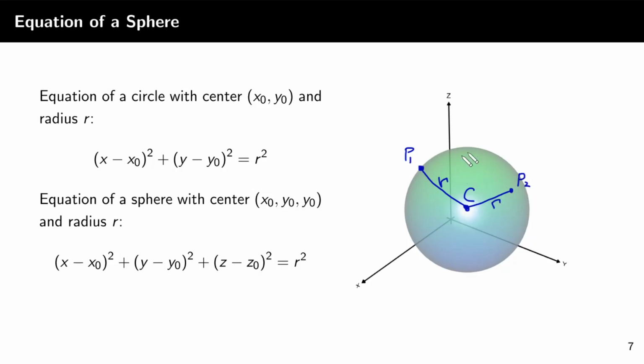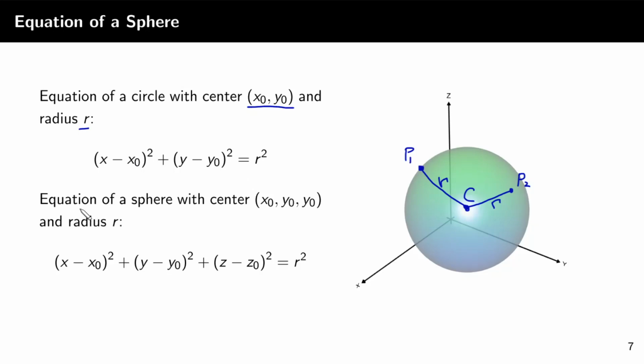So we can look at a sphere as the three-dimensional version of a circle. In R2, this is the equation of a circle. If our center is (x naught, y naught) and our radius is R, we have x minus x naught squared plus y minus y naught squared equals R squared.